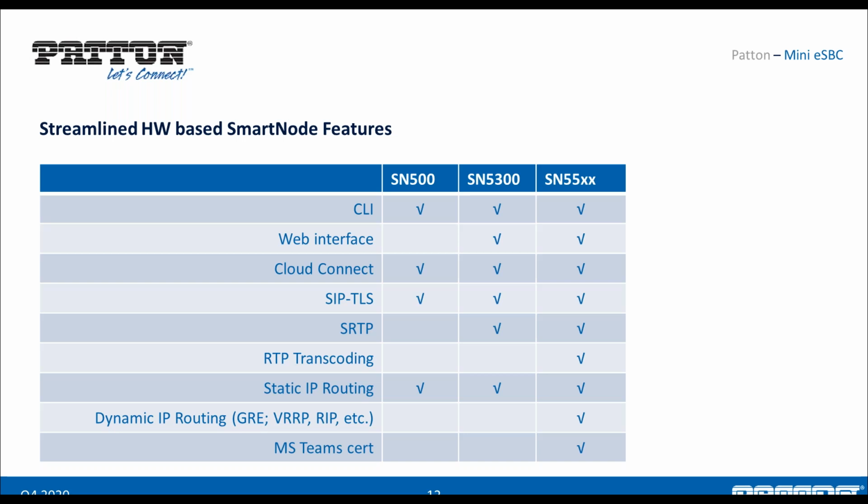SRTP is not supported, RTP transcoding is not supported, dynamic IP routing, and then of course, because of the combination of those things, MS Teams certification. Those are features that aren't supported. Then again, the web interface, but you won't need that with the cloud.